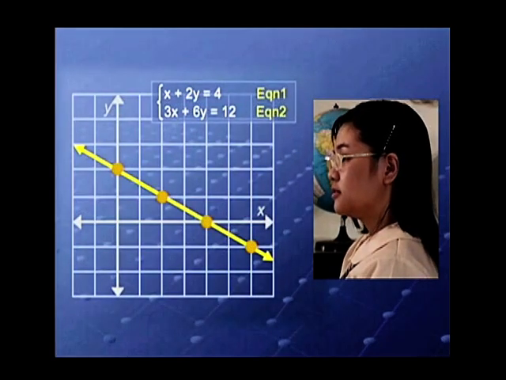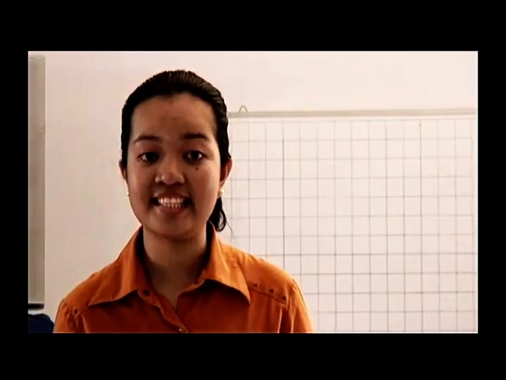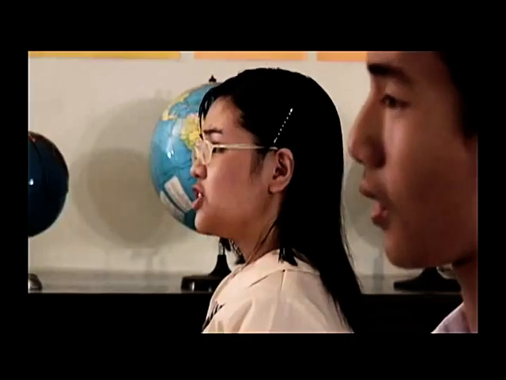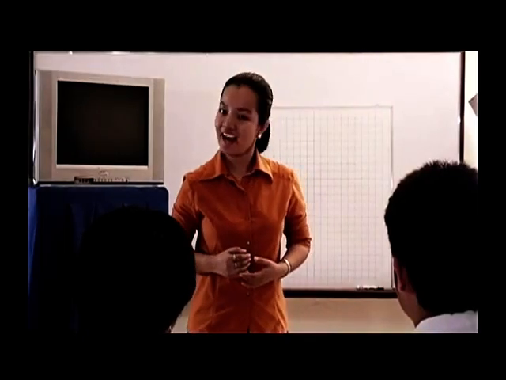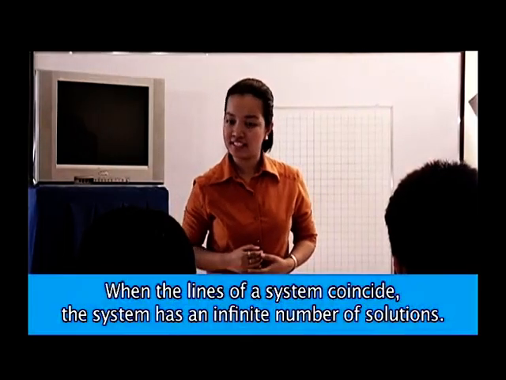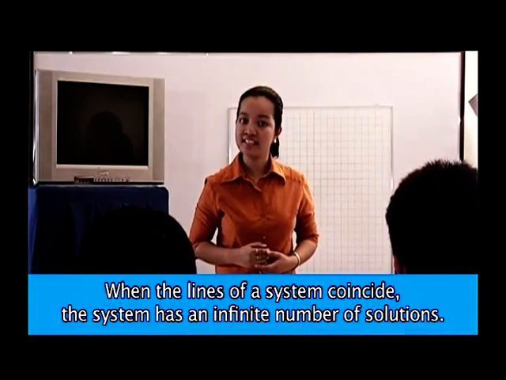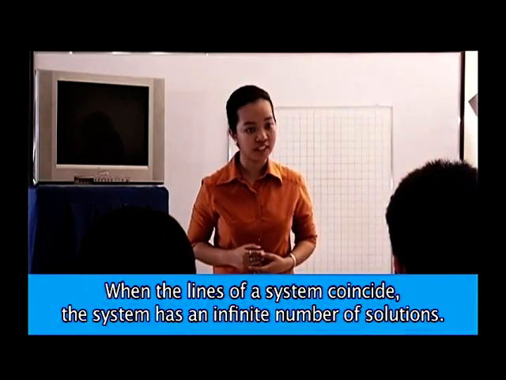They have an infinite number of points in common. And does each one satisfy both equations in the system? They should. They are points on both lines. That's correct. Ma'am, does this mean when the lines of a system overlap, there is more than one solution to the problem? Of course. Actually, when the lines of a system coincide, the system has an infinite number of solutions.